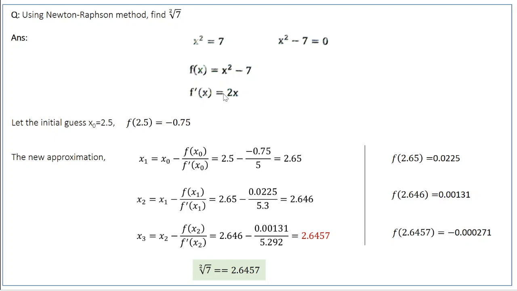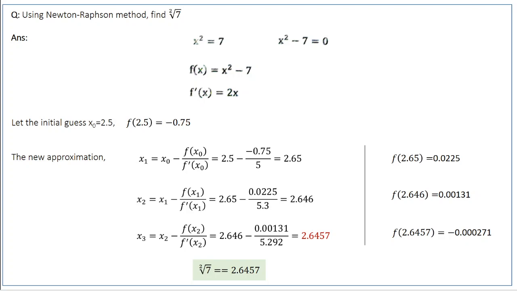Okay. Now you need to start with an initial guess. So in this kind of problem, using a calculator, you can find what the exact solution is, right? So just type it in your calculator, you will get square root of 7 is something like 2.645751, something like that. So you can choose your initial guess something close to that value.